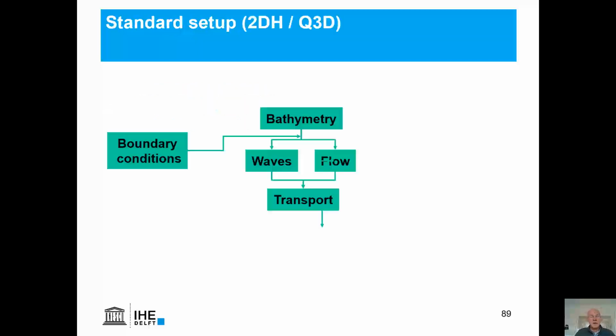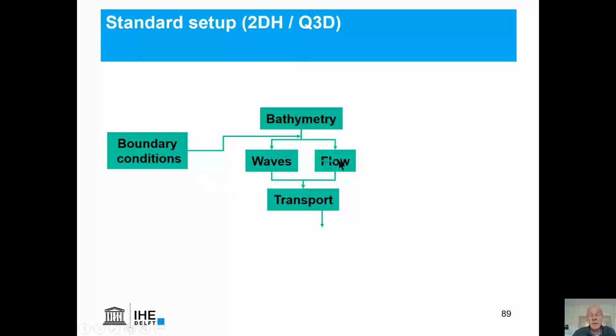So let's start with the standard setup as it was developed since, let's say, the 1980s and early 90s, valid both in depth averaged and 3D mode, quasi 3D mode. So as we started with this lecture on morphological models, process-based models, we start with the bathymetry, and of course the boundary conditions change the whole time.